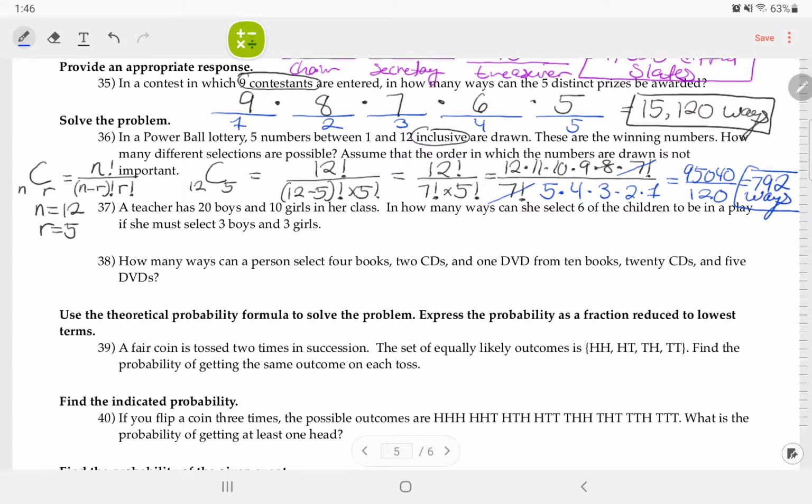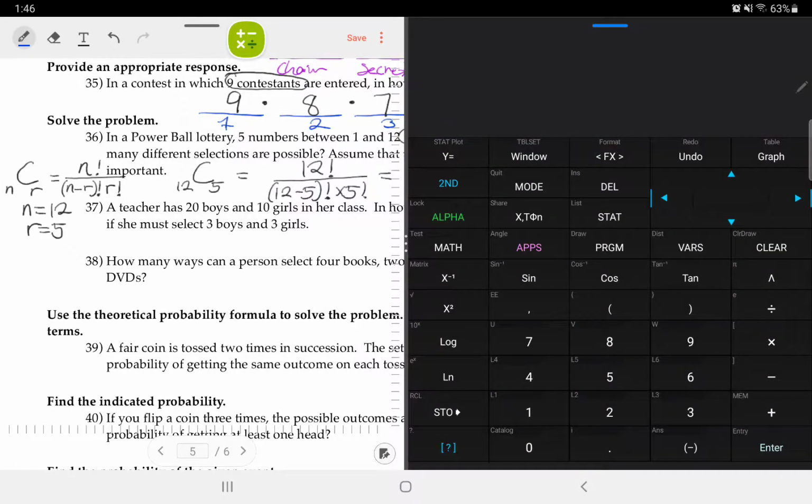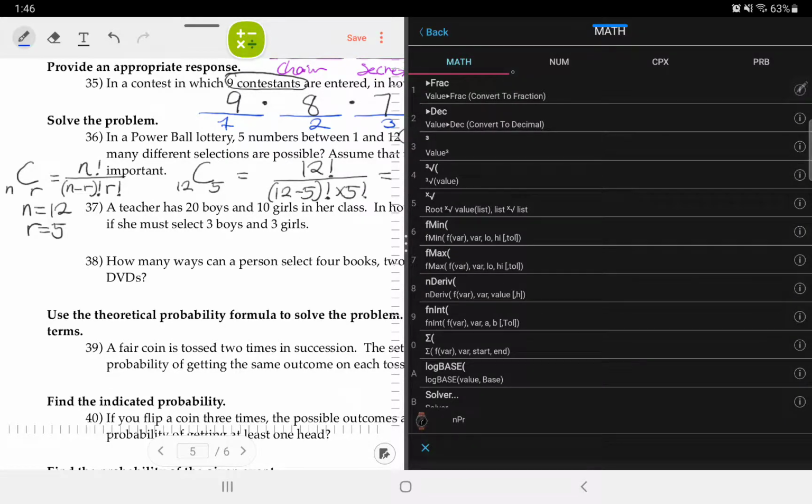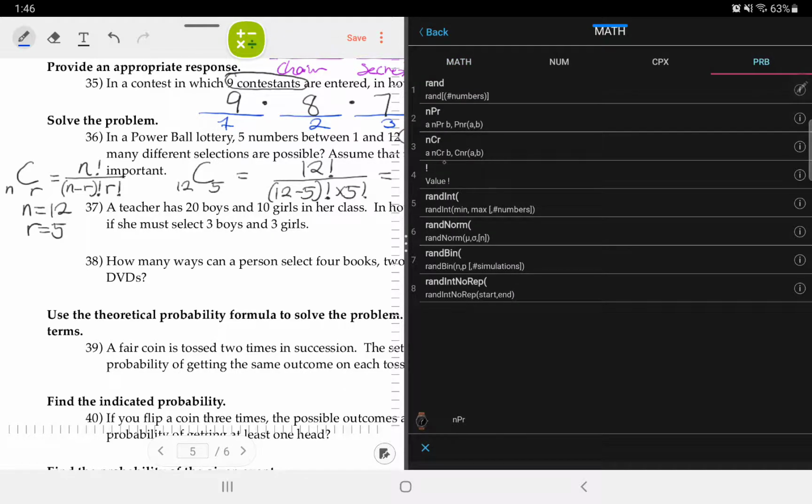You can also do this using the TI-83 or TI-84 calculator. We want to find the combination of 12 and 5. So type in the first number, 12. Go to math. Use your arrow on your calculator to scroll over to PRB. Combination is going to be the number 3.